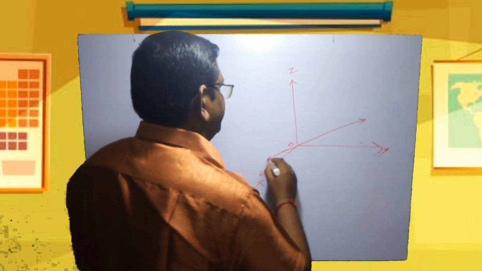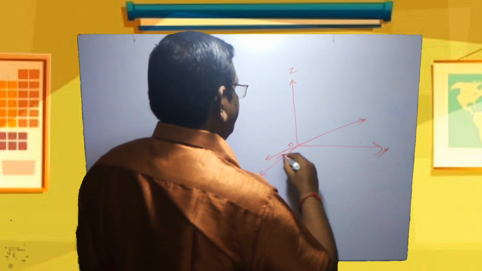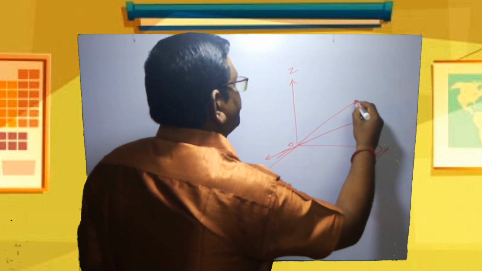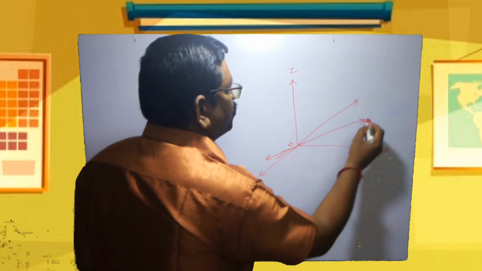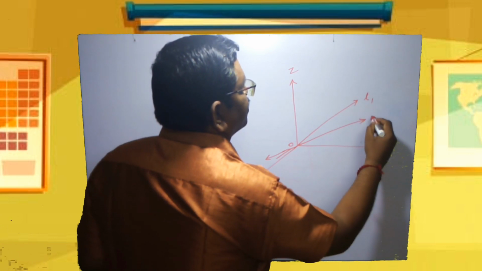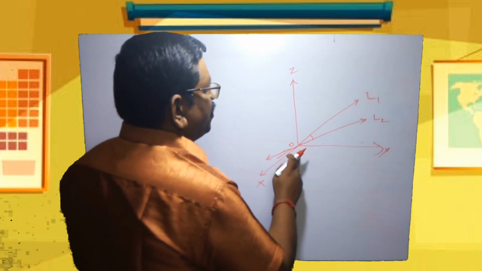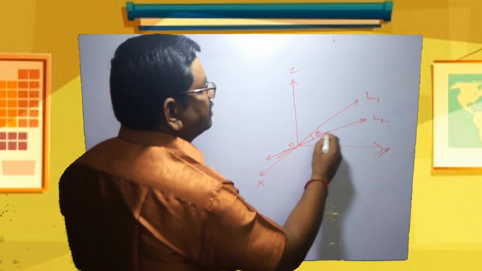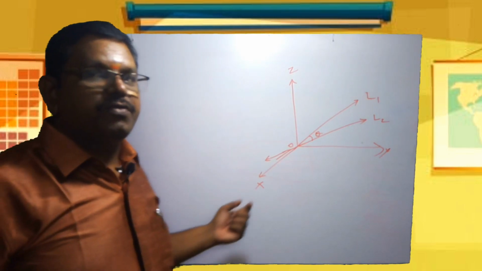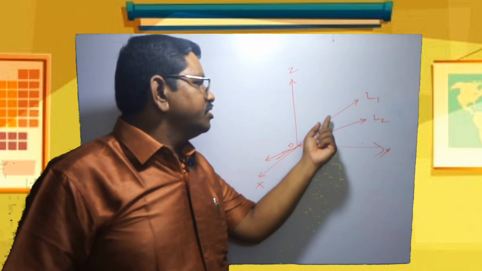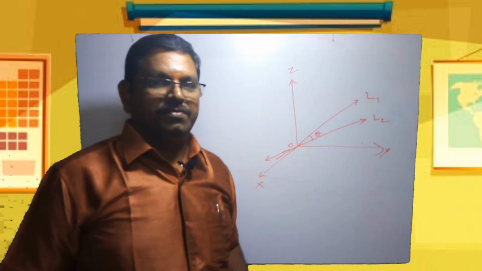Say this is one line, and say another line which is also passing through the origin. Let us take capital letters L1, L2 for the two lines. These two are passing through the origin and making the angle theta. Now we want to find the angle between these two straight lines L1 and L2.